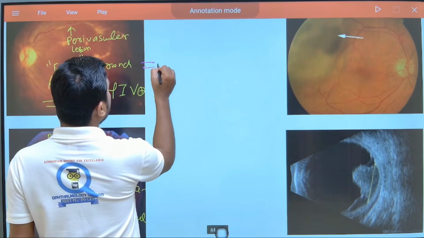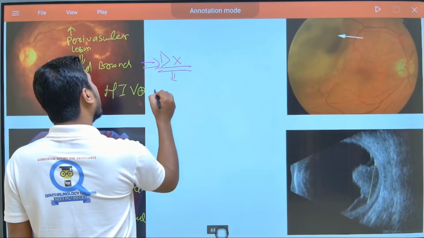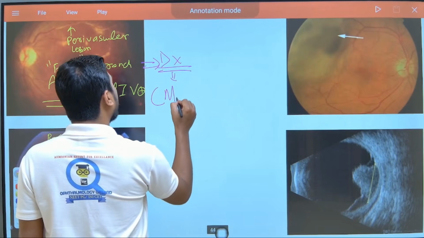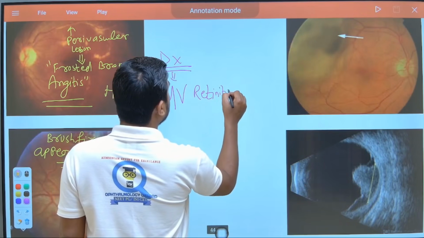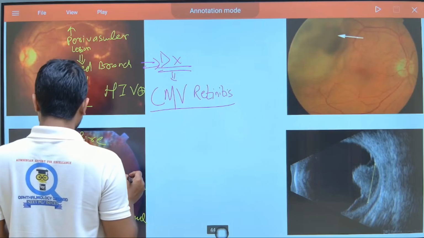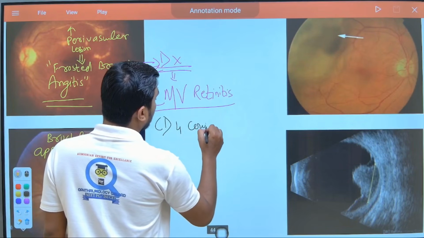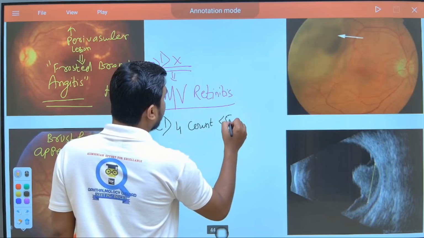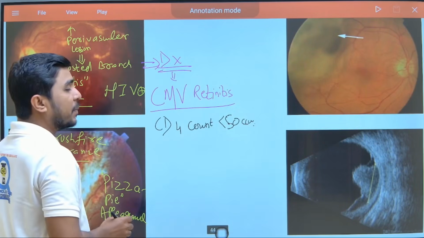So frosted branch angiitis, brush fire appearance, pizza pie appearance in an HIV patient lead to the diagnosis. So what is the diagnosis here? CMV retinitis. And it is more frequent when the CD4 count is less than 50 per cubic millimeter.